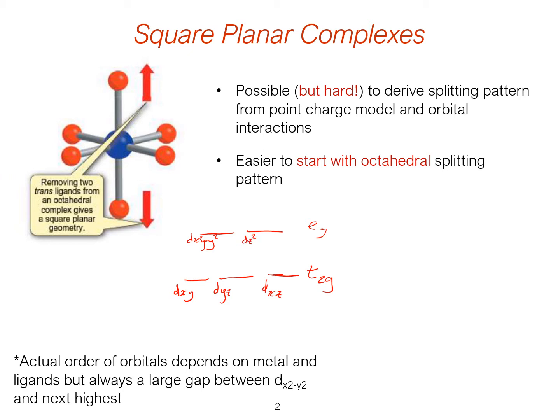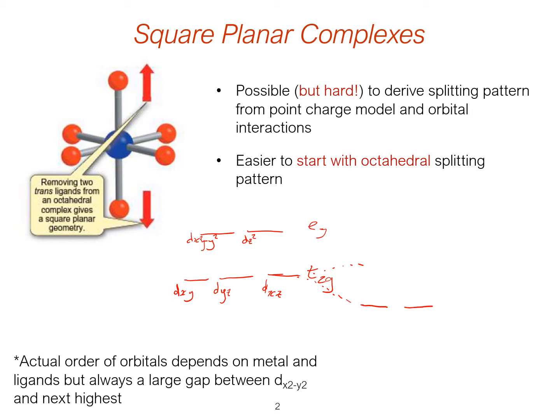This is very important because we're starting with the octahedral pattern and removing the ligands from the z-axis. So any d orbital that has a z component is actually stabilized. We can change these slightly. Of the t2g orbitals, there are 2 with a z component, the dyz and dxz.